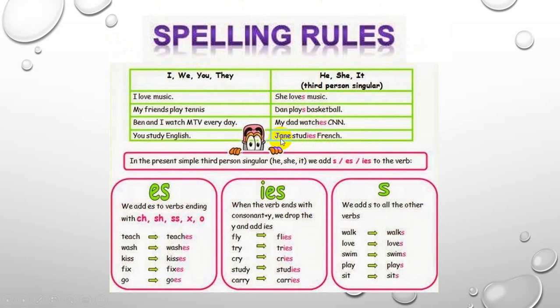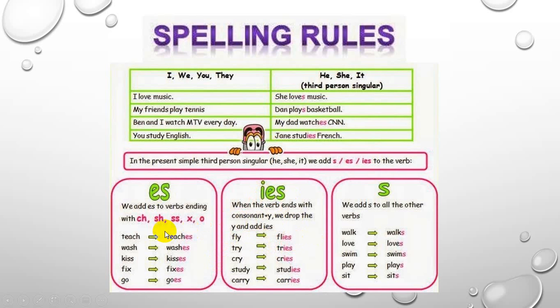In this part, we have a rule. For example, teach, we have to add es. Okay, when we have to add ies, for example, fly, eliminate y, and the new verb is flies.